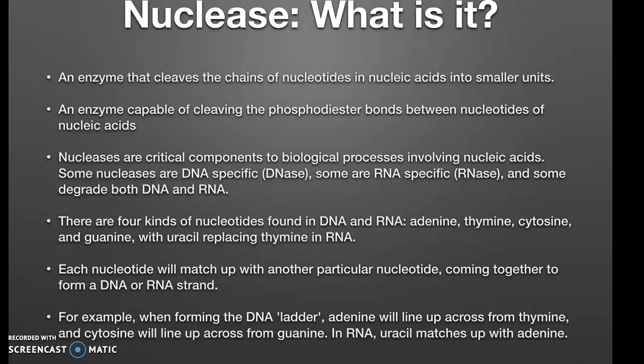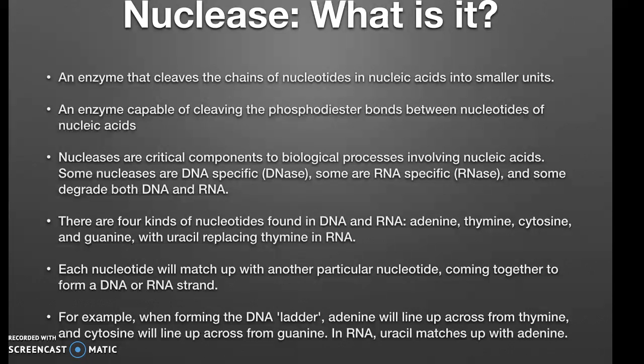There are 4 kinds of nucleotides. Those nucleotides are what make up the nucleic acids, and they are found in DNA and RNA. They are called adenine, thymine, cytosine, guanine, with uracil replacing thymine in RNA. Each nucleotide has the ability to match up with each particular nucleotide that it needs.